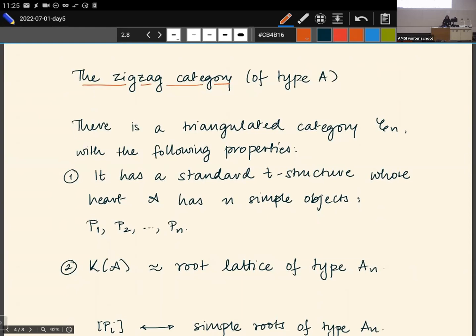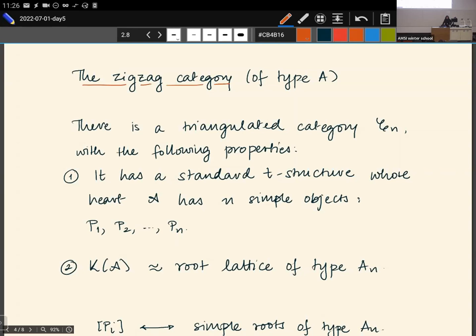So it's going to be the zigzag category of type A. The type A there is the Dynkin type A. If you know what ADE means, you can try to do this for other types, and analogous constructions exist, but I'm focusing on type A, which has strong connections to points in a plane, as I'll explain in a minute. Okay, so there's a triangulated category, which I'll call Cn for the purposes of this talk, and it has the following properties.